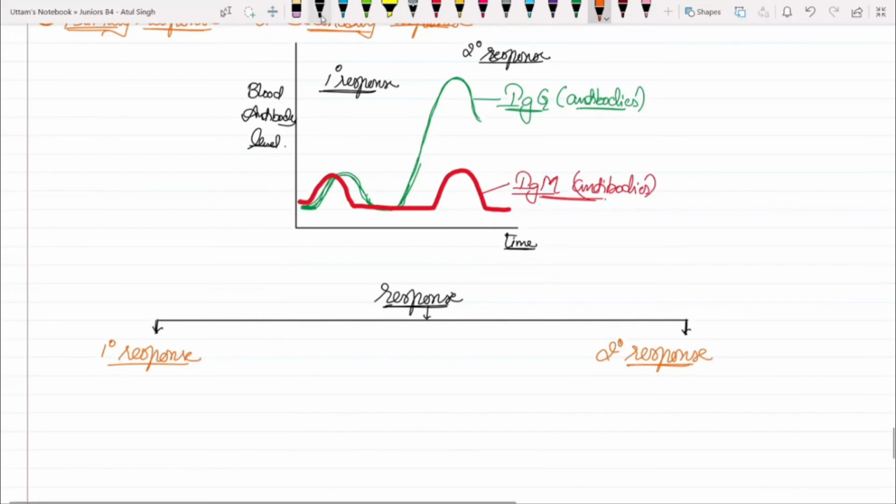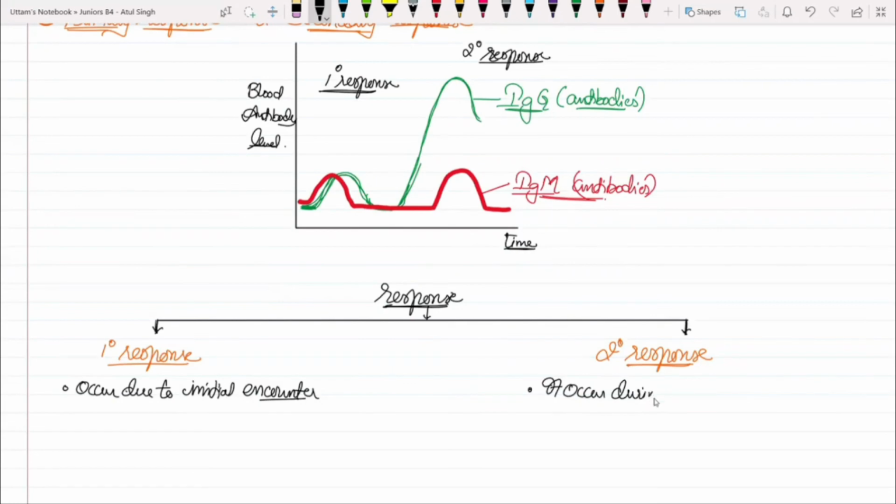So the primary response occurs due to initial encounter, and the secondary response occurs during successive encounter.